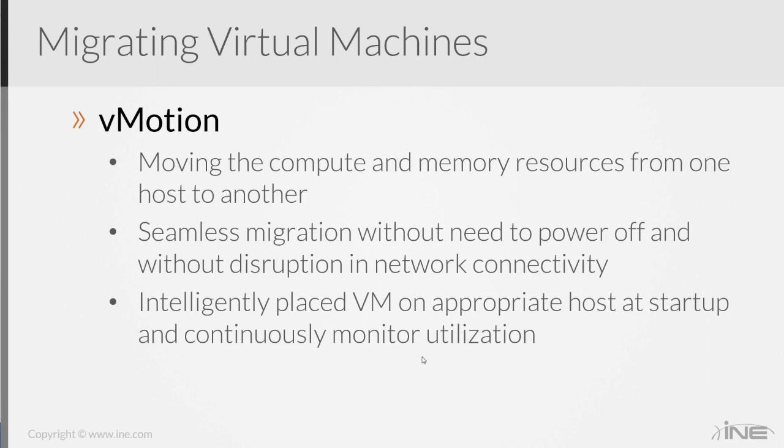But for a vMotion operation to be successful, there are some special requirements that must be met before we could get this to work. And I'll discuss this in an upcoming slide, the different requirements for vMotion. I'll discuss both the VM and the host requirements. So we'll get to that in a little bit.